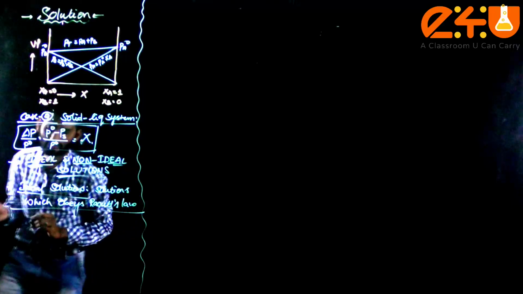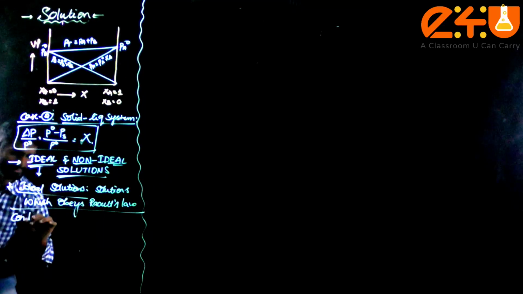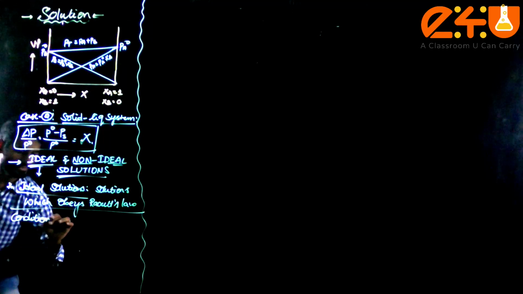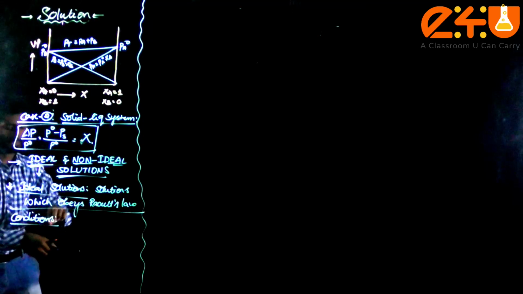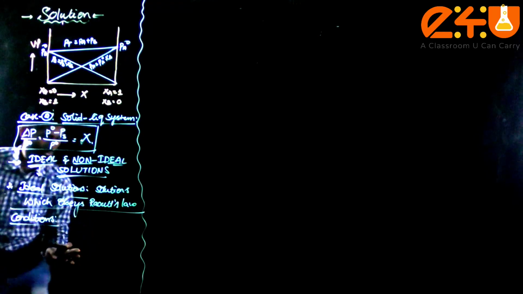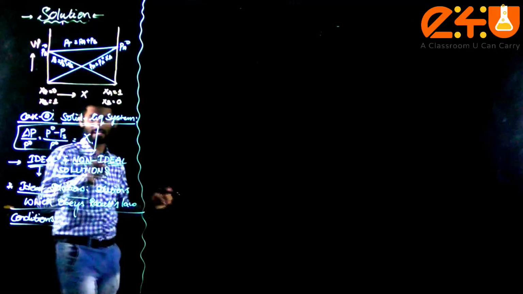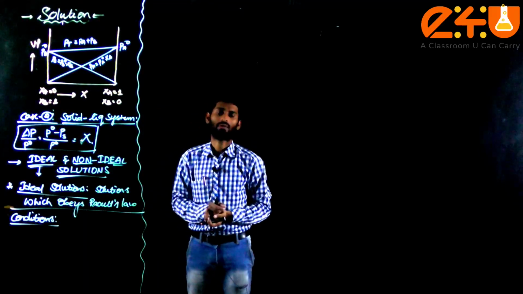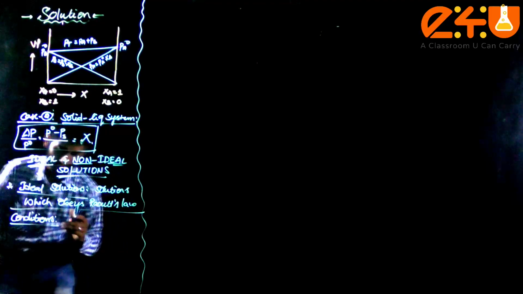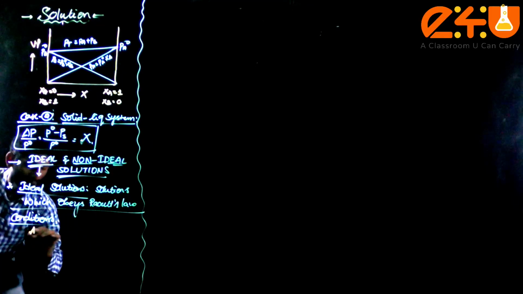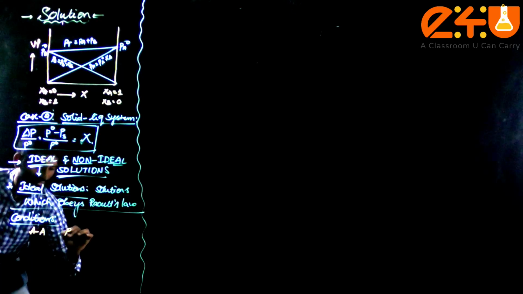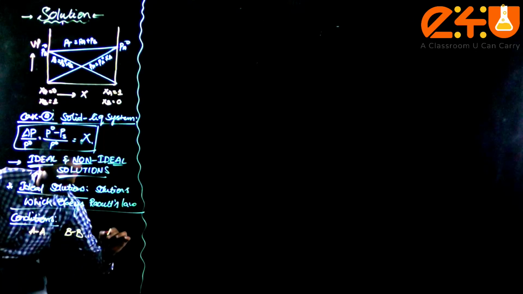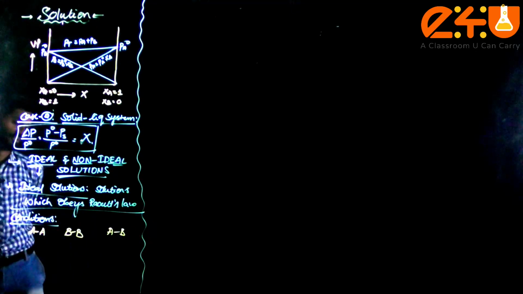Now I can write here the conditions for ideal solutions. Mainly, ideal as well as non-ideal solutions are completely based on the interaction between AA, BB, and AB interactions.